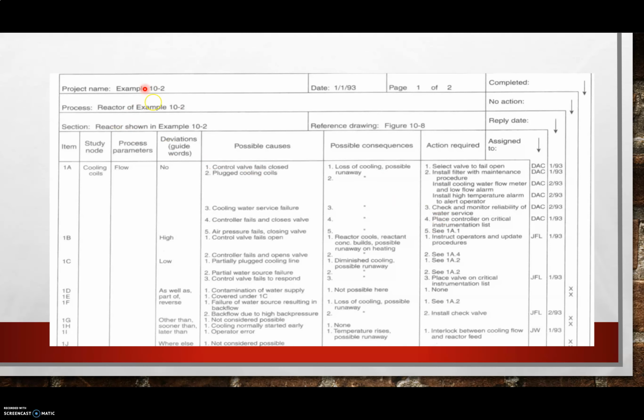So this is your example 10.2 reactor example. The reactor is shown as example 10.2 in this section. So remember, your intention is for cooling. So your study nodes will focus more on cooling parts, cooling coils, and so on. For the study node of cooling coils, remember the previous slide.